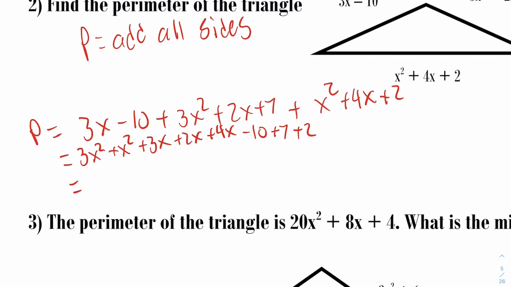Three x squared plus x squared makes 4x squared. Those are going to make plus 8x. And those will combine to make a minus 1. That will be equal to the perimeter. Perimeter is equal to 4x squared plus 8x minus 1.